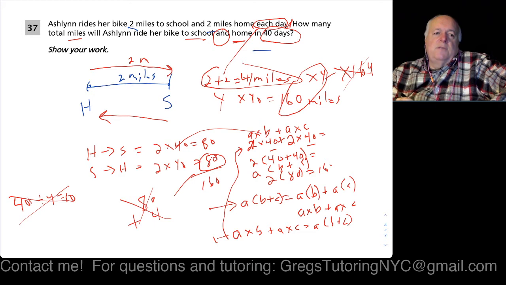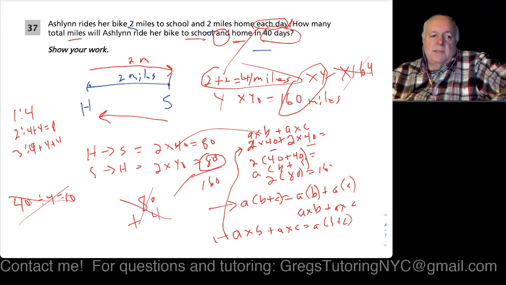If she does it for 1 day, she's gone 4 miles. If she does it for 2 days, hasn't she done 4 plus 4 equals 8? Okay. If she goes for 3 days, isn't she doing 4 plus 4 plus 4 equals 12? So we can see these numbers are increasing by 4, right? That's our pattern, plus 4.